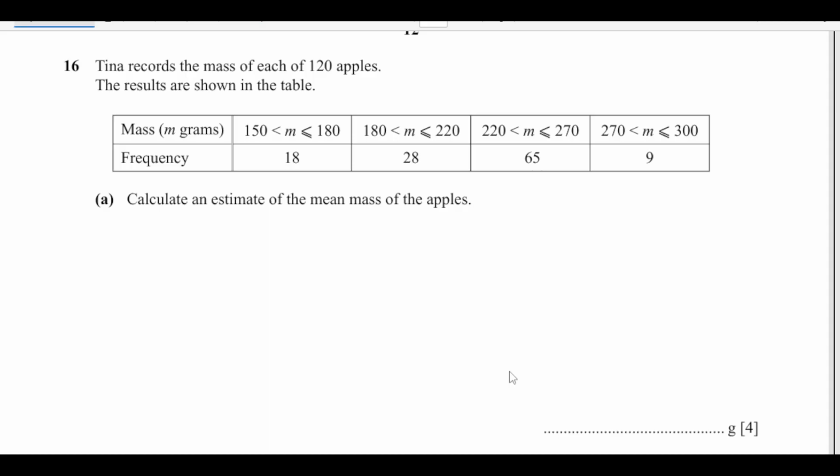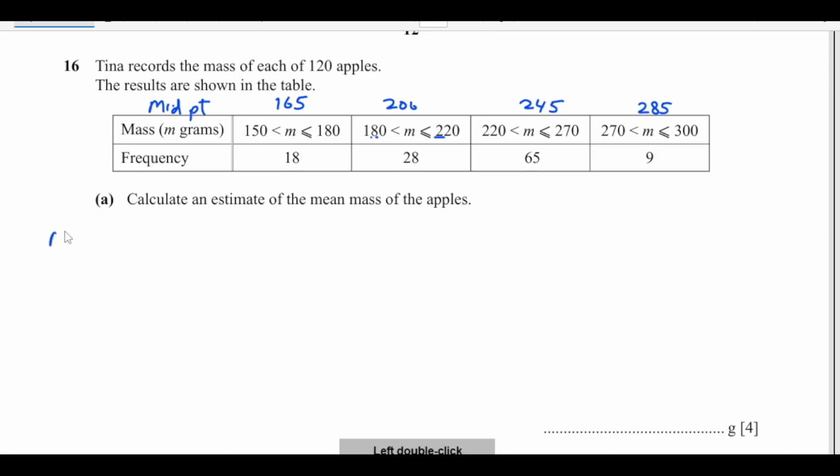First of all we need to find the midpoints here. Midpoint, 150 plus 180 divided by 2, is 165. Similarly here 180 plus 220, adding these two and dividing by 2, we got 200. Then we got 245 here and 285.